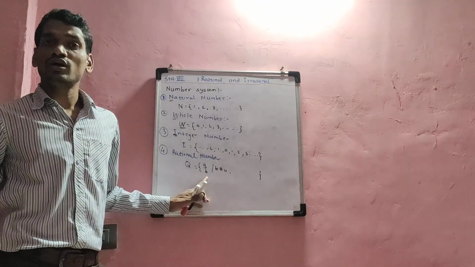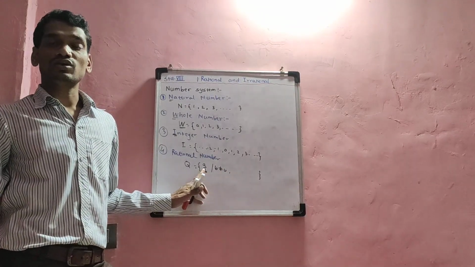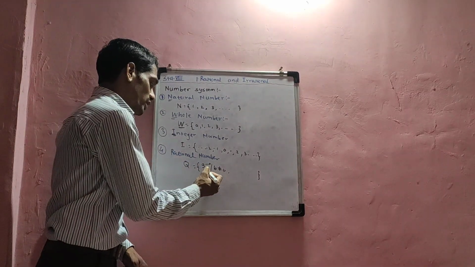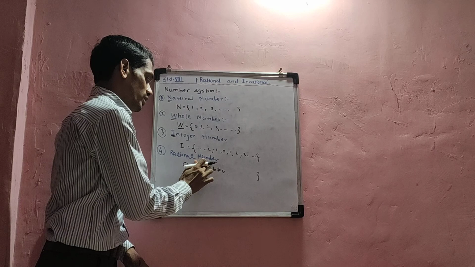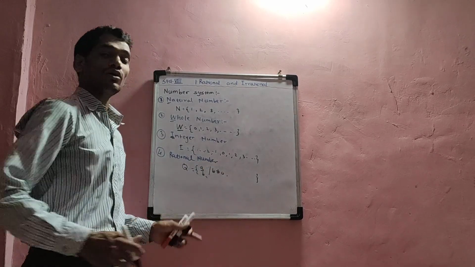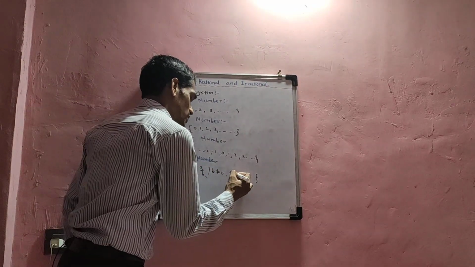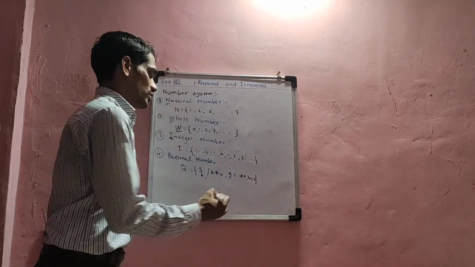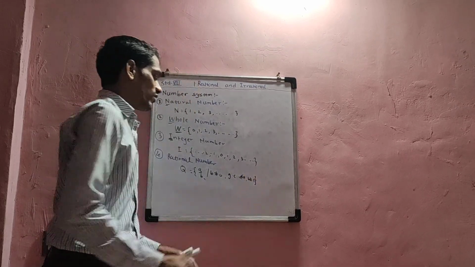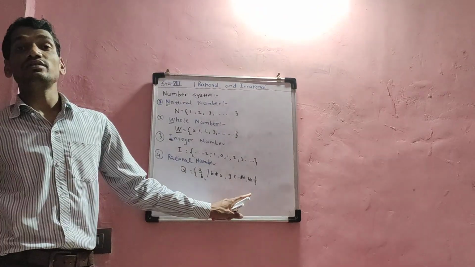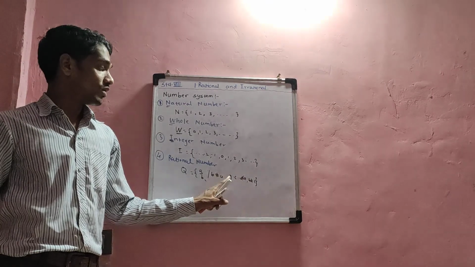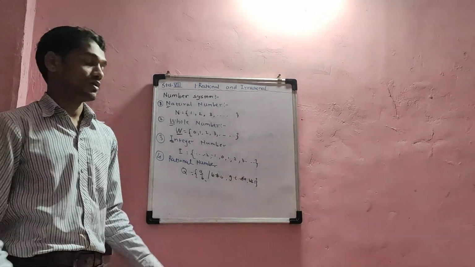A is called the numerator, B is called the denominator. B should be non-zero and the GCD of A and B is 1. GCD means greatest common divisor.